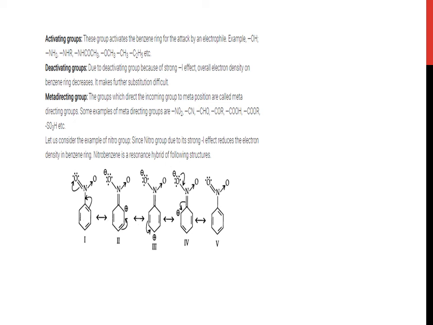Since the nitro group, due to its strong negative inductive effect, reduces the electron density in the benzene ring, nitrobenzene is a resonance hybrid of the following structures. This resonance is shown on the screen. In fact, the same resonance was done in chapter 4 also.